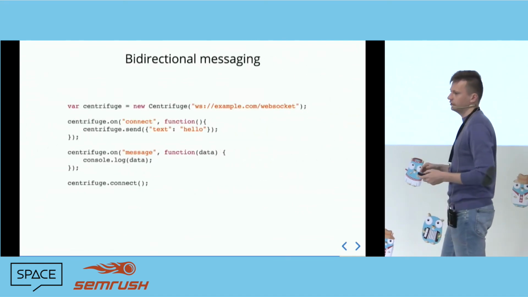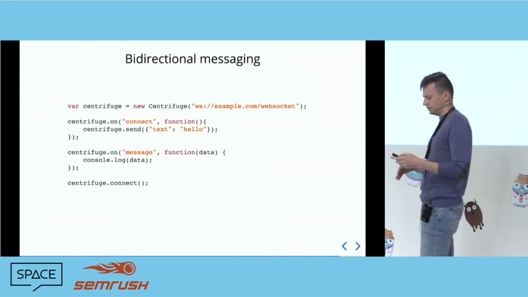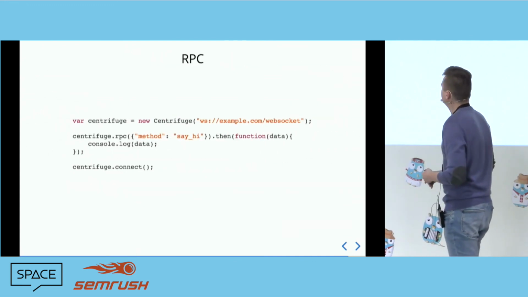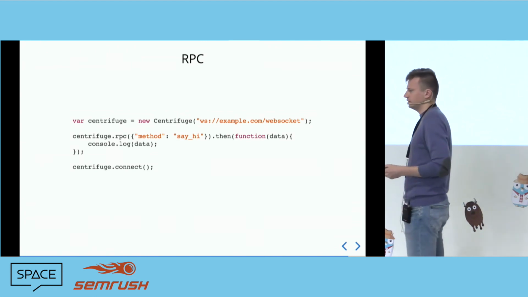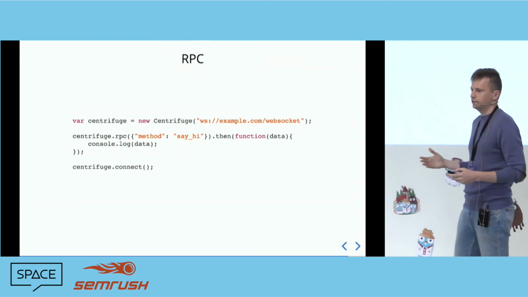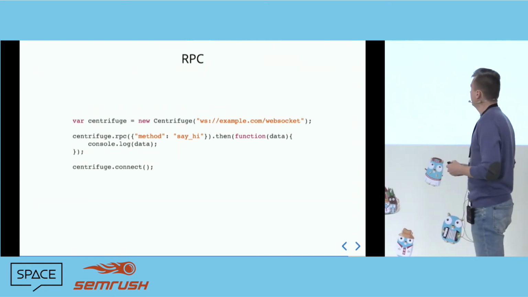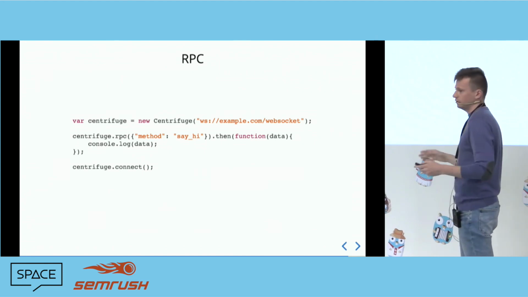Bidirectional messaging with the Centrifuge library, where you send asynchronous messages to the server and react to asynchronous messages from the server. RPC: you have a call that allows you to ask for a command from the server via the real-time transport of WebSocket or SockJS, and wait for the data response to come back to you.